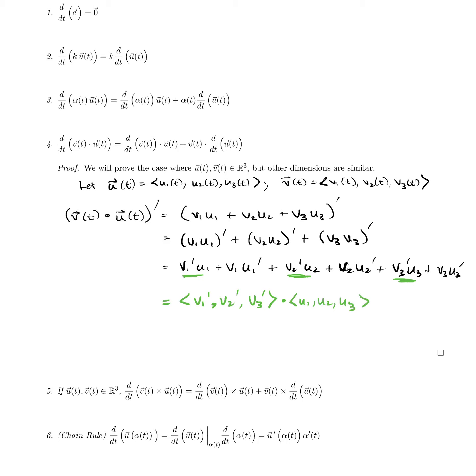And if we look at the terms that have the u's primed, this is plus v1, v2, v3 dotted with u1 prime, u2 prime, u3 prime, which is exactly what we were asked to show: v prime of t dotted with u of t plus v of t dotted with u prime of t.